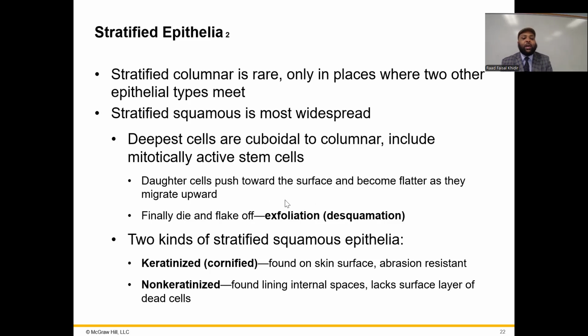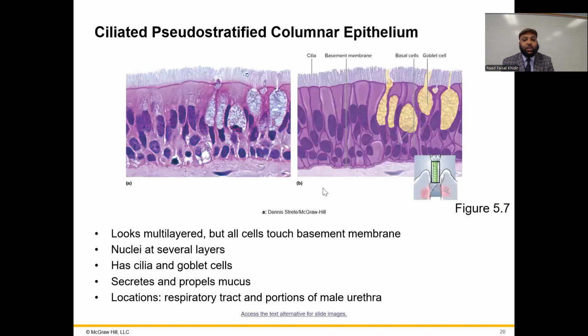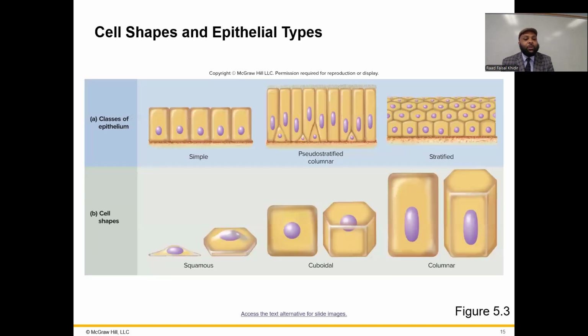So a perfect example would be, which type of cells undergo exfoliation from here? The simple epithelium never undergoes desquamation. The pseudostratified never undergoes desquamation. Who goes through desquamation?